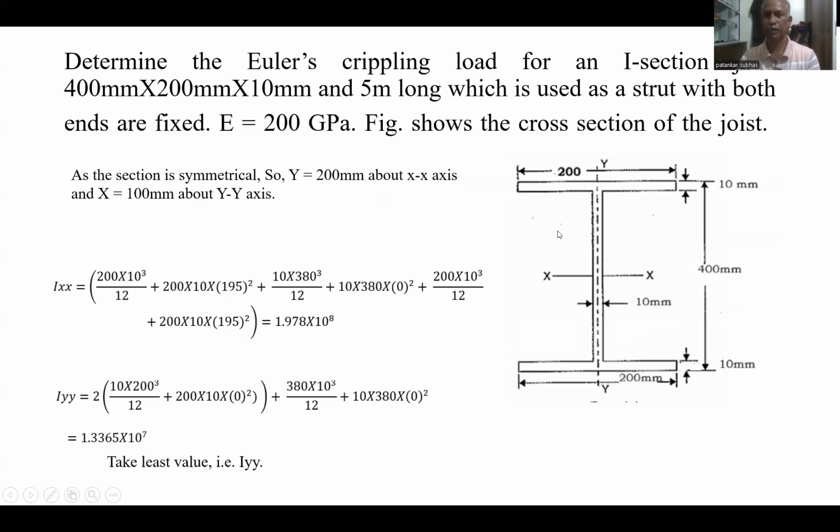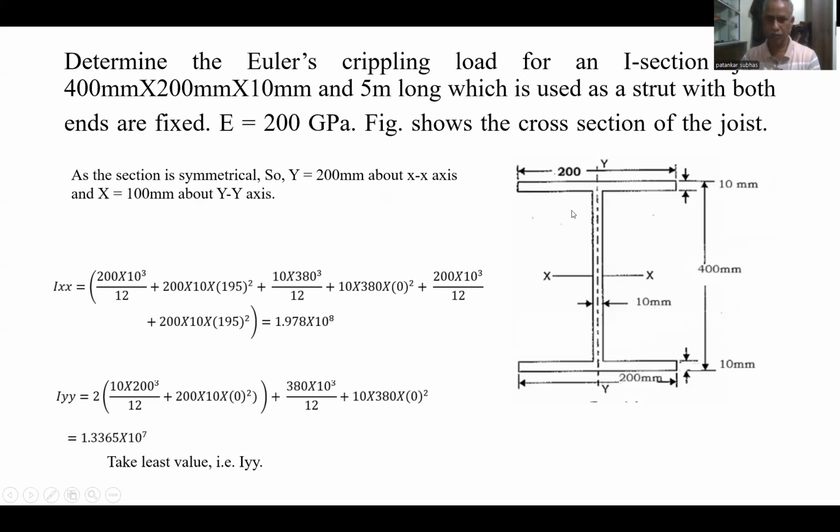Ixx is equal to BD cube by 12 plus A H square. H is the distance between the CG of the individual section and the CG of the whole section. In this way, we find Ixx, which is 1.97 into 10 raised to the power 8 mm to the power 4, and then Iyy.